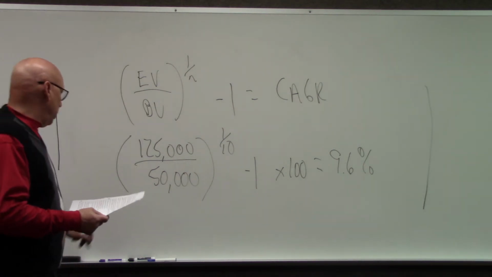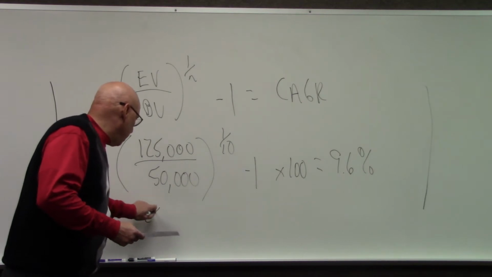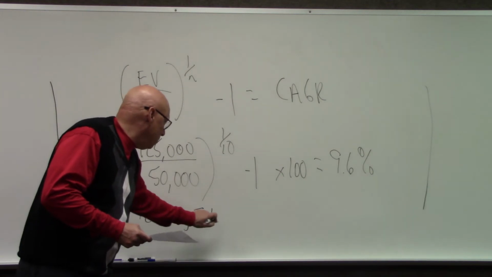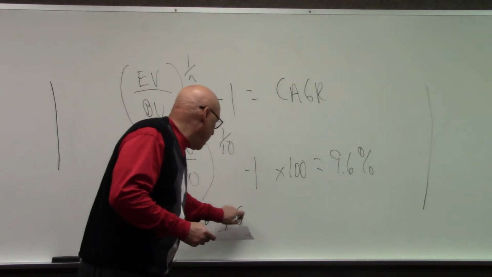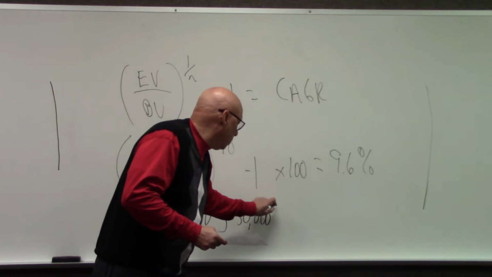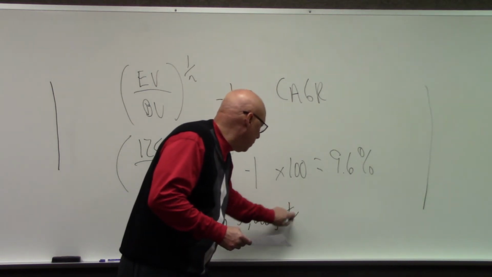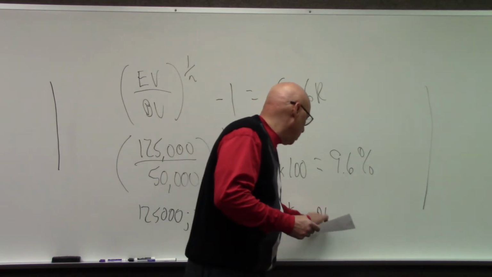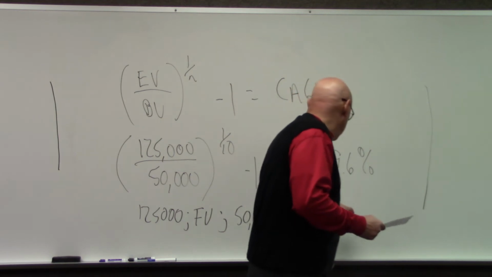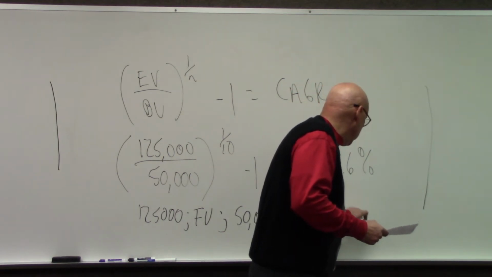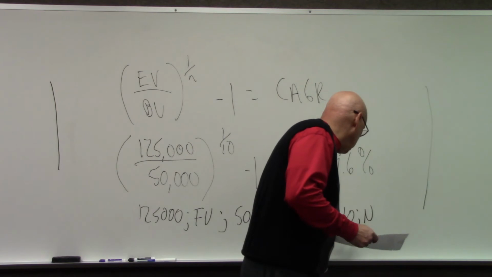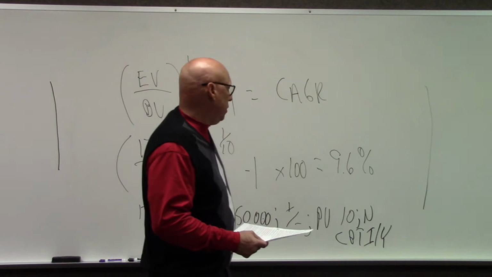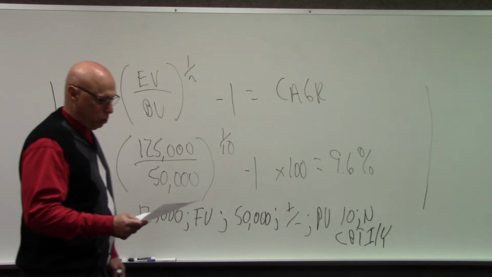Using the financial keys, 125,000 is the future value. 50,000 plus minus, don't forget to change the sign of your present value. 10 is your N, compute IY, and you'll get 9.6%.